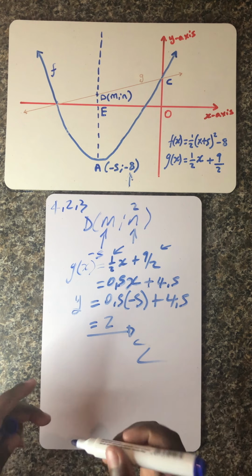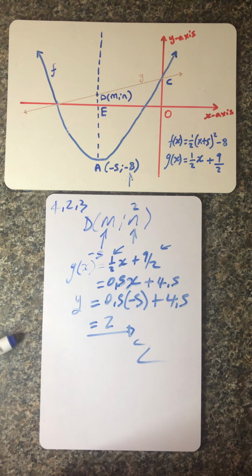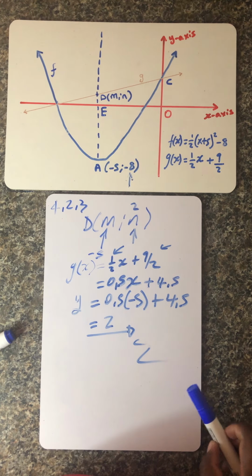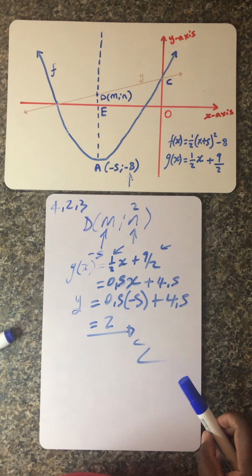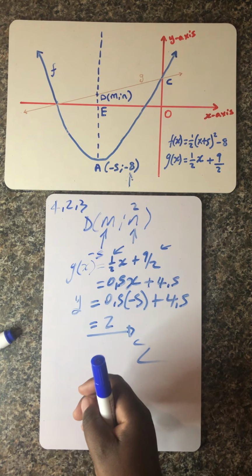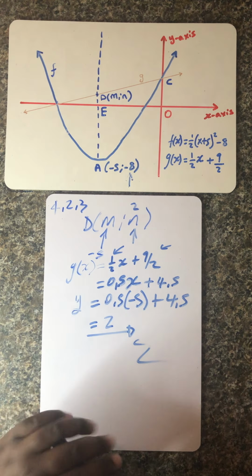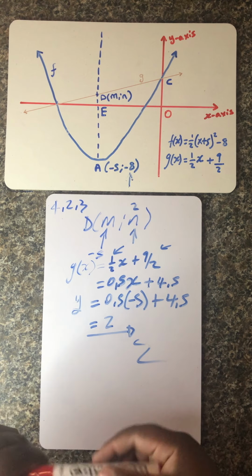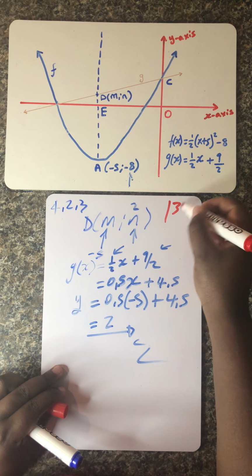Okay, so this is how you answer this question. Let me just quickly check how many marks this question is allocated. This question is allocated 3 marks. So let's see exactly where we score those marks.